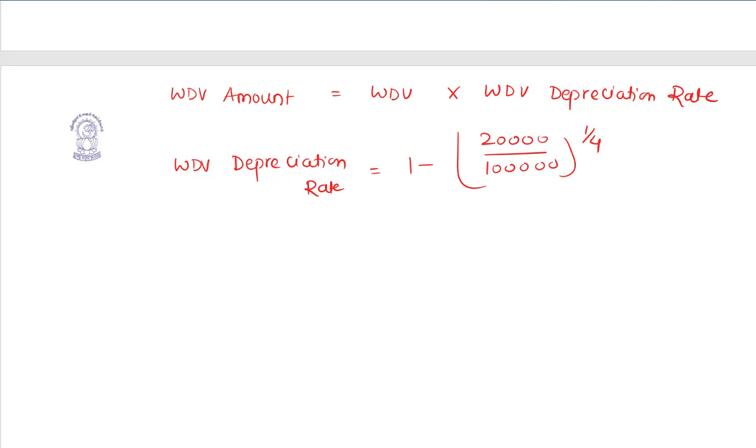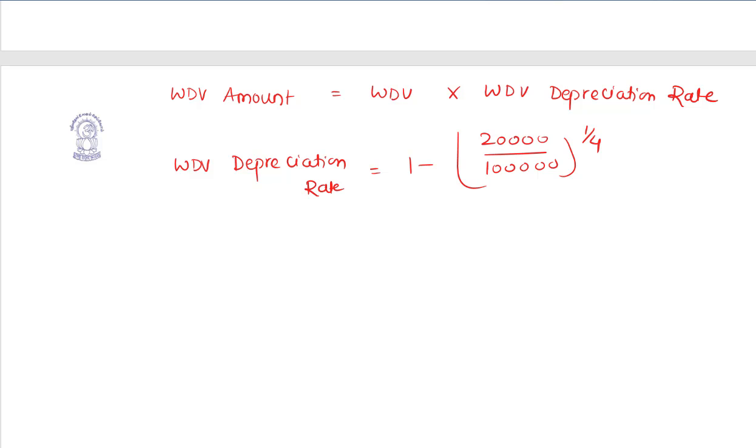Now you should understand that this is like 1 by 4. There is a root key on your calculators. If you press that root, that will give you 1 by 2 figure, 50%. So pressing root 2 times will give you 1 by 4. So 0.2 is there on your calculators right now.